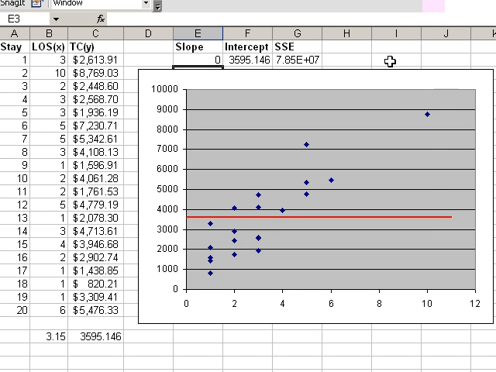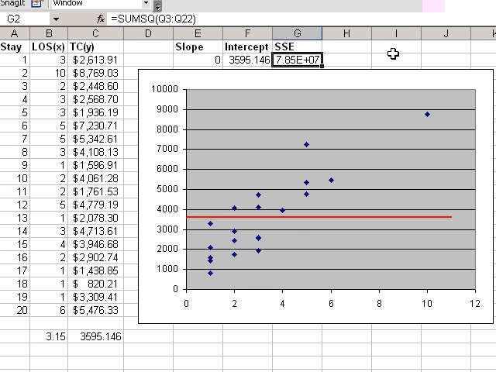If we square that difference of $5,000, that will add $2,500,000 to the error sums of squares. The error sums of squares is seen here. That is the sum of all the squared differences between each blue dot and its projection on the red line.